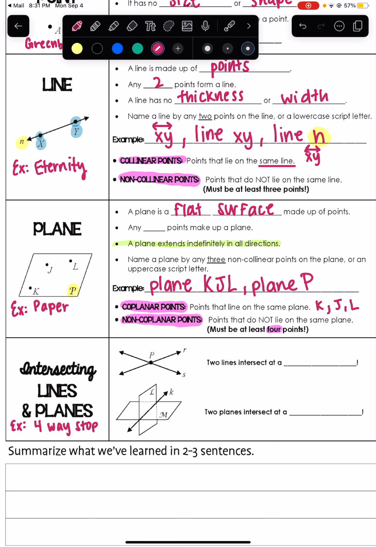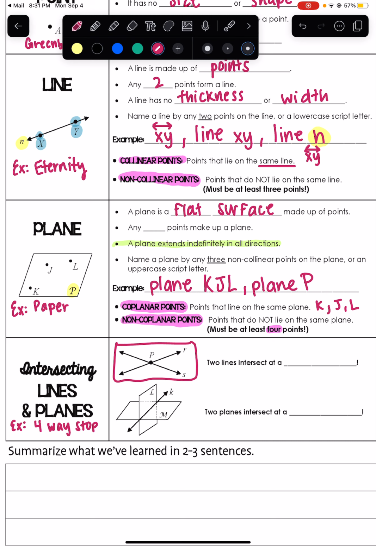Lastly, we have intersecting lines and planes. And for this, I just had the example of a 4-way stop because as you see with this first image right here, it kind of looks like when you were at basically a 4-way stop sign.